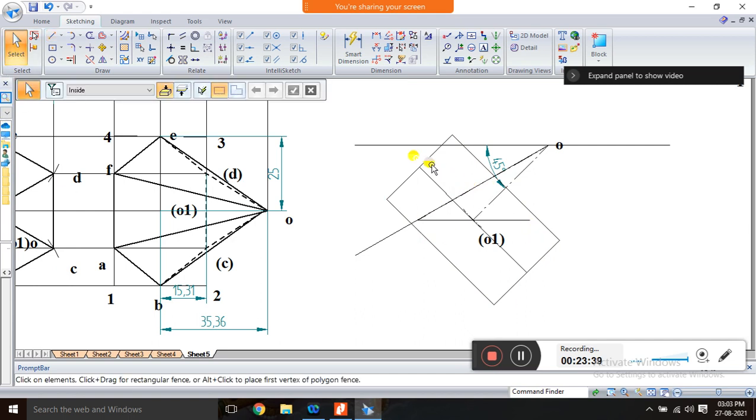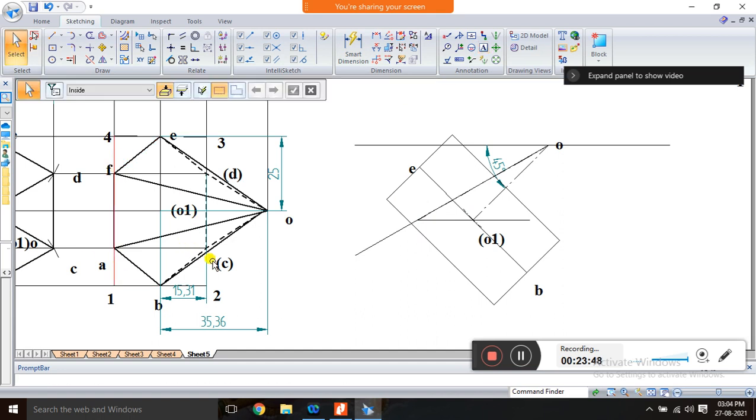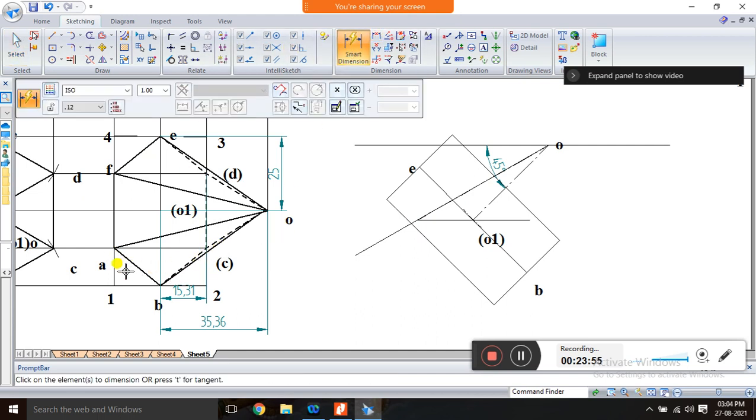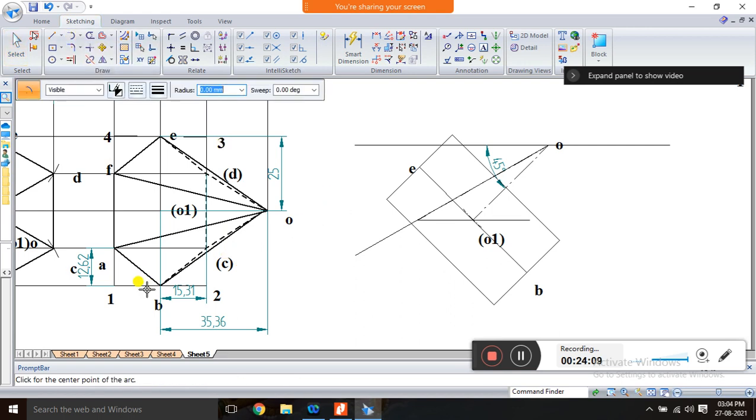Once the box is over, name this as E, we got the point, and this as B. Only thing we need is A and F and C and D. So this distance from here to here is 12.62. Or you can use your compass. Take the compass, place on B, stretch up to 1.